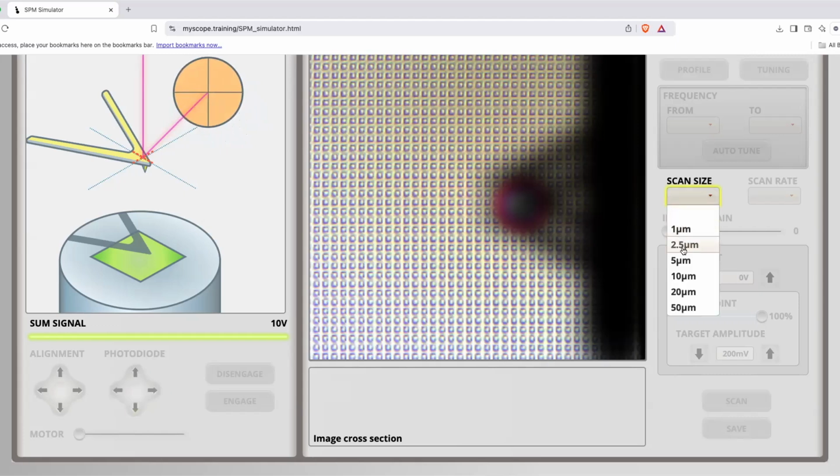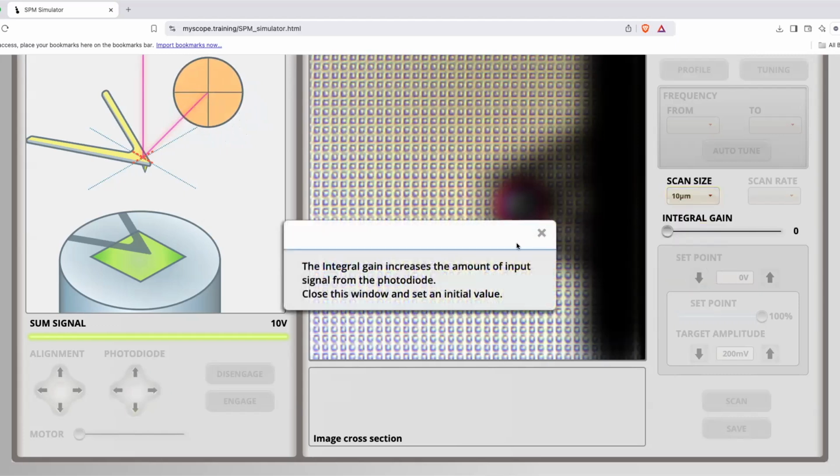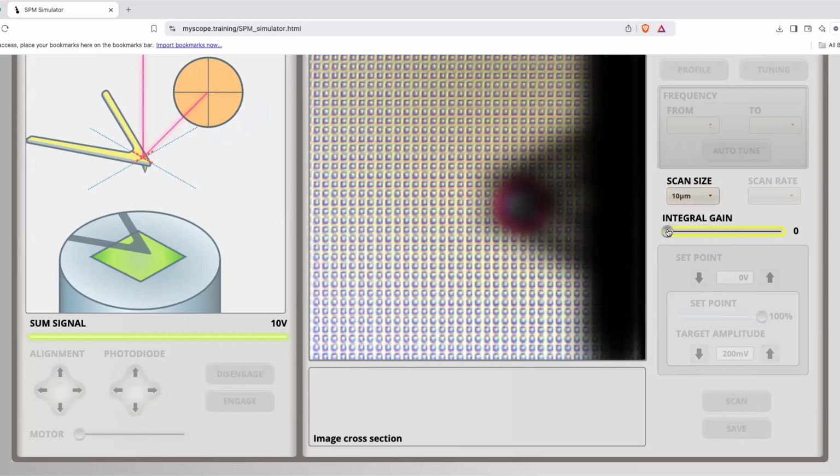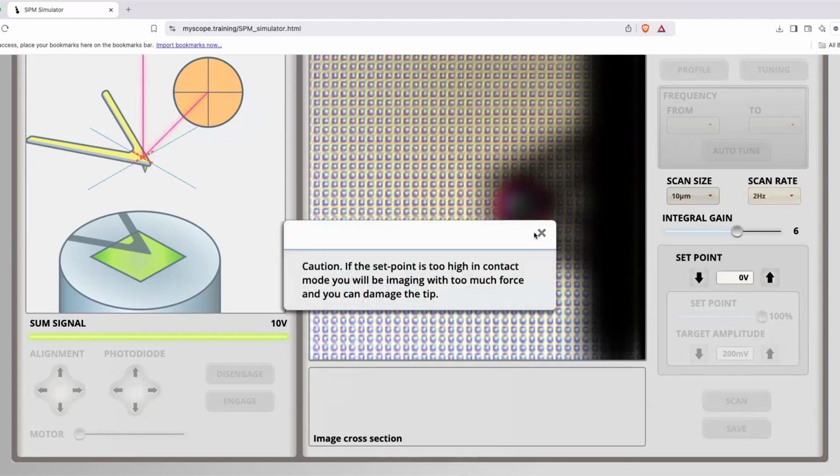Scan size can be 10 micrometers, same as before. We can change it. Maybe 2 Hz. Keep it low.